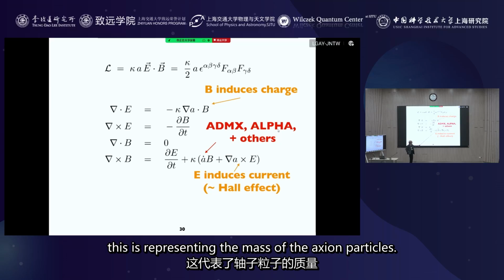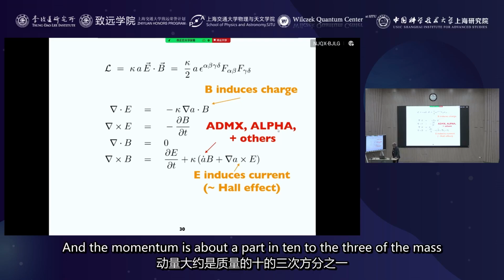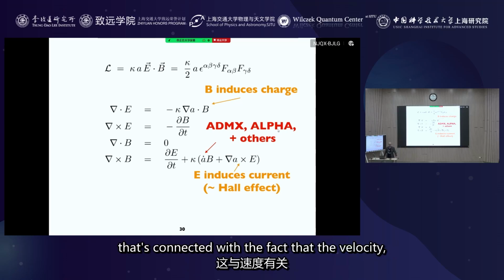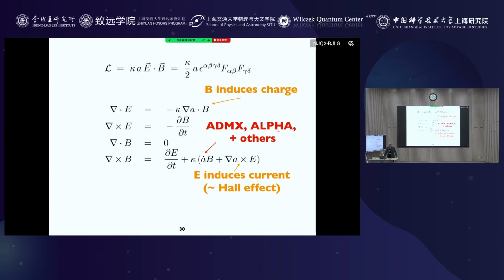this is representing the mass of the axion particles, and this is representing their momentum. And the momentum is about a part in 10 to the 3 of the mass. That's connected with the fact that the typical velocities of the axions are about 1,000th of the speed of light.